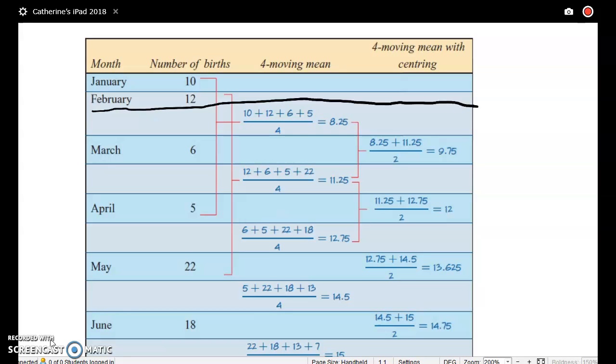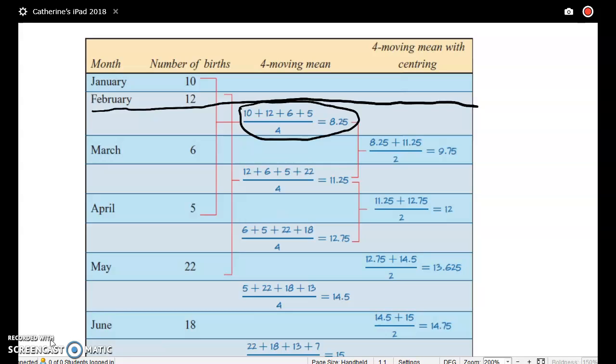We've got those 4 months, and then we've got the data here, which is centered between February and March. So it's not centered on a month, and it has to be centered on a month or a day, whatever we're talking about. It has to be centered on one of these real time values.